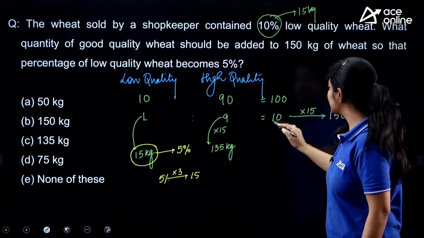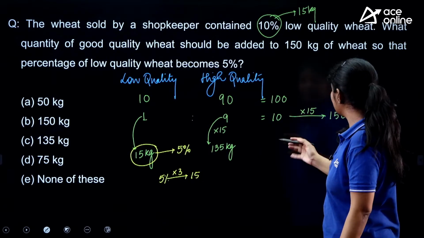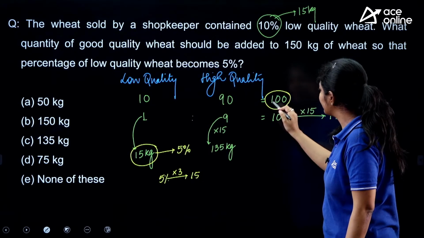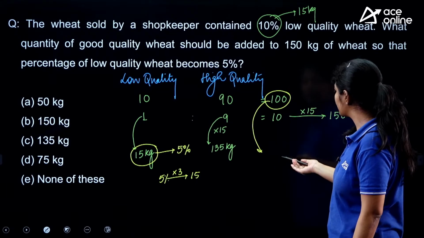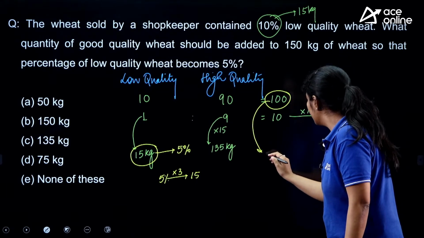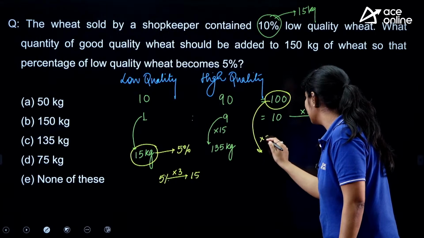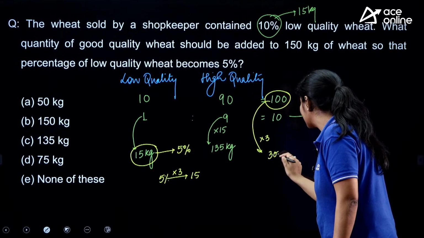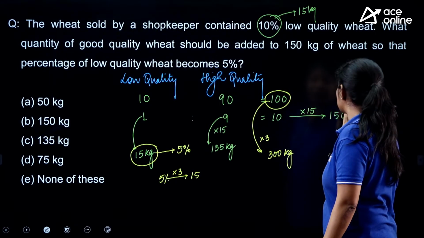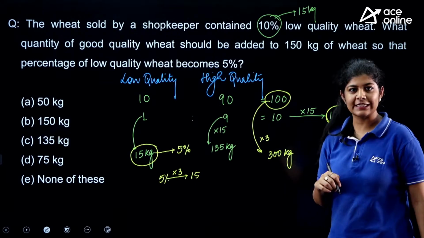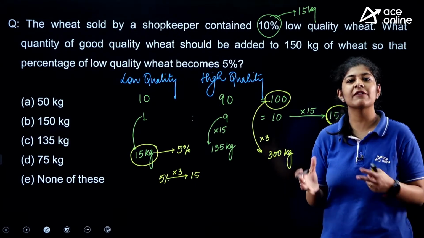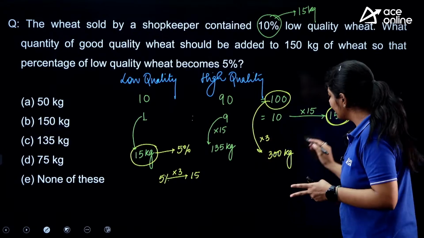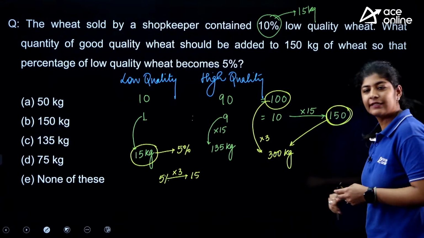If this value is a multiple of 3, we also need to multiply this value by 3 and ultimately make 300 kgs. Initially we are having 150 kgs of wheat and we want to make it 300 kgs, right?